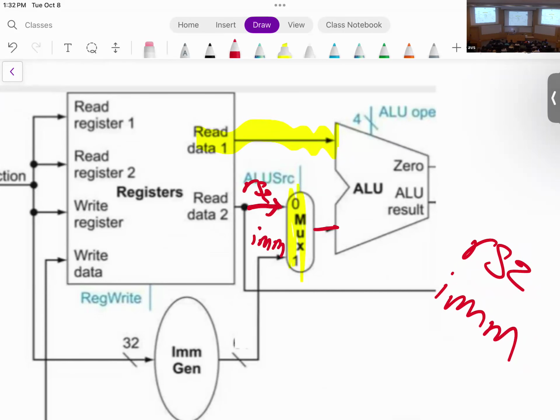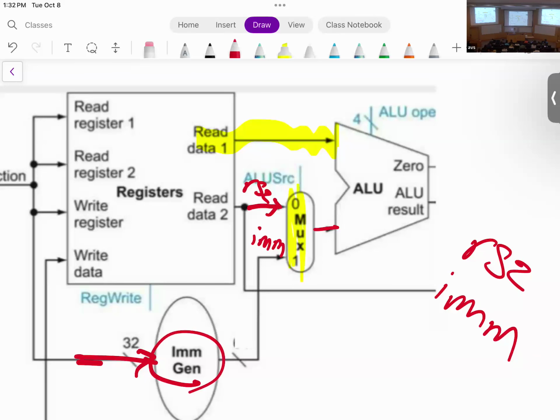This immediate generator, by the way, is the one that takes the entire instruction and moves things around in order to produce the correct 32-bit data. How does it do that? It takes the full 32-bit instruction and has a giant lookup table that, for a given instruction, knows which bits to use. It moves things around, produces the 32 bits for you, and also does the sign extension.